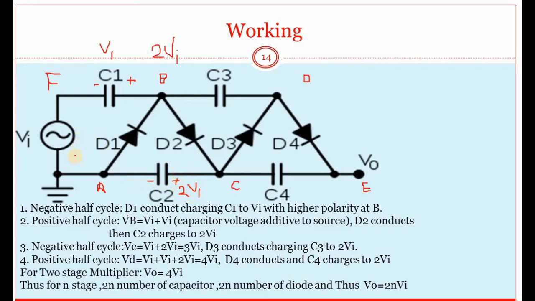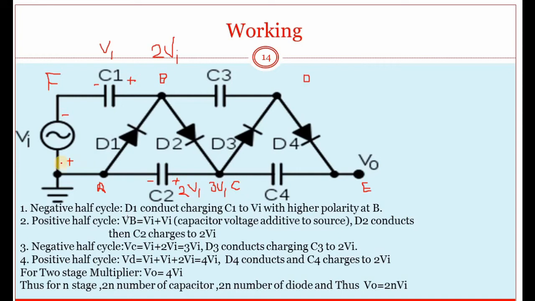In the negative half cycle there is higher polarity at this side. The voltage at point C will be 3Vi. It is because this 2Vi is additive with the source, hence the voltage at C is 3Vi.